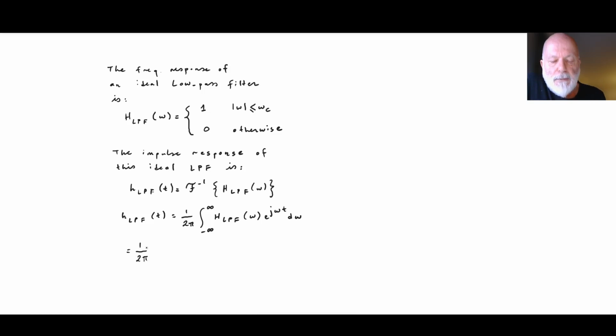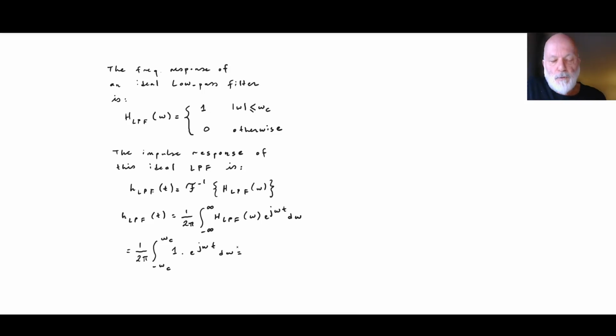which is 1 over 2 pi. Now the function capital H LPF of omega is only non-zero from minus omega c to omega c, and it is equal to 1 in that interval. So we have 1 times e to j omega t integrated with respect to omega.